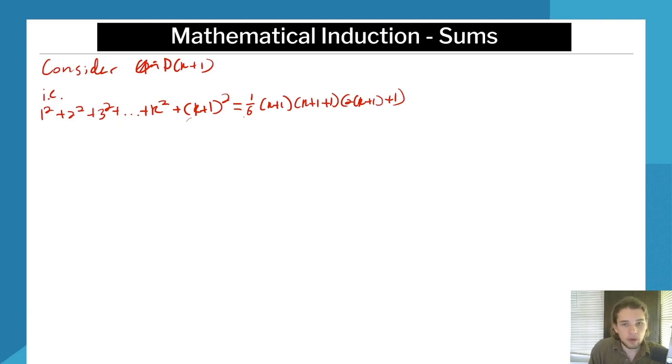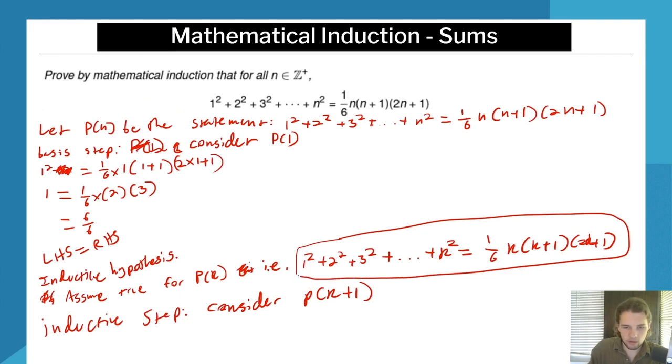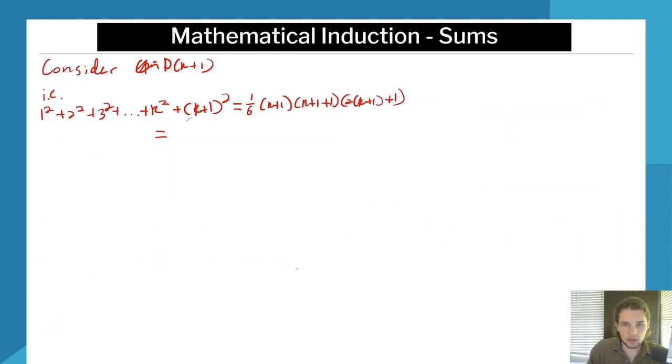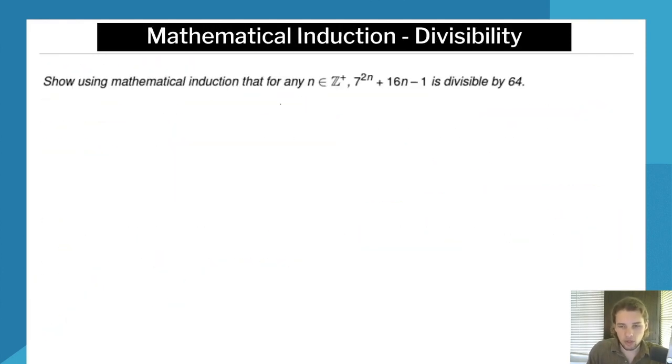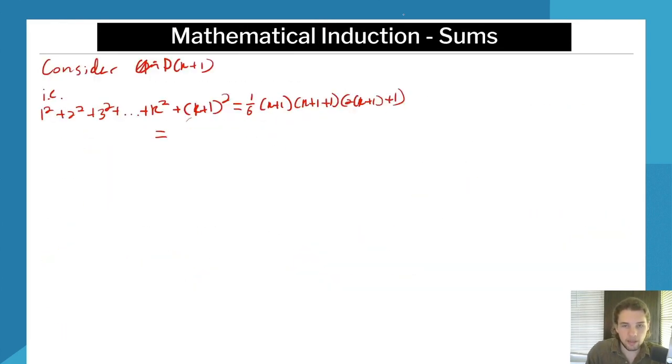Now I'm going to concentrate on the right-hand side. I want to get some component of this over here in here, so I'm going to try to keep some things. I see there's a k plus 1 here and a k plus 1 here, so I'm going to try to keep that.